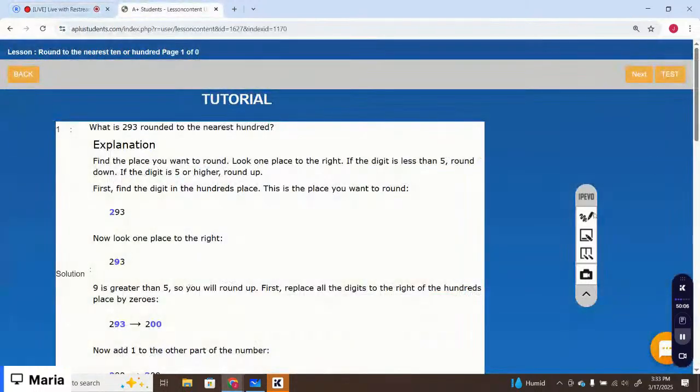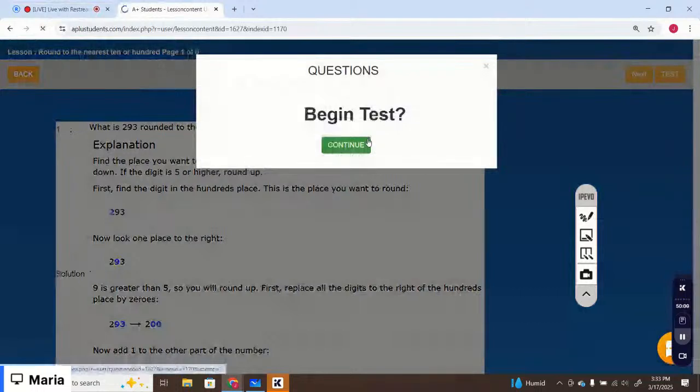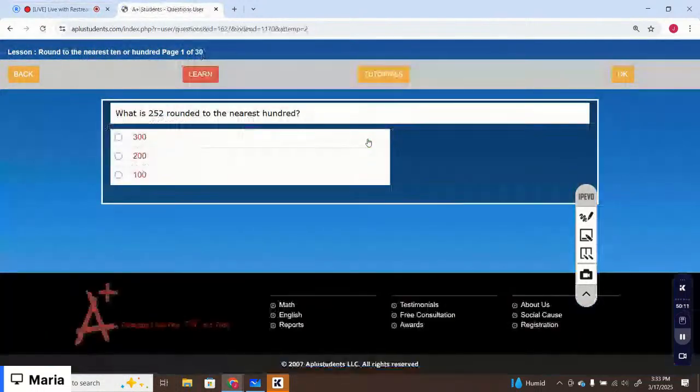Let's just start with the test questions. What is 252 rounded to the nearest 100?